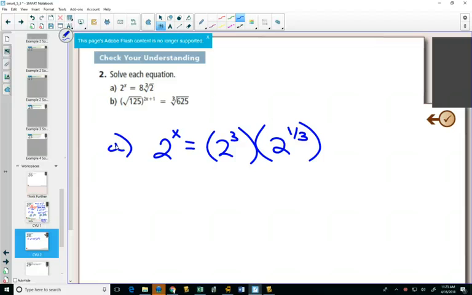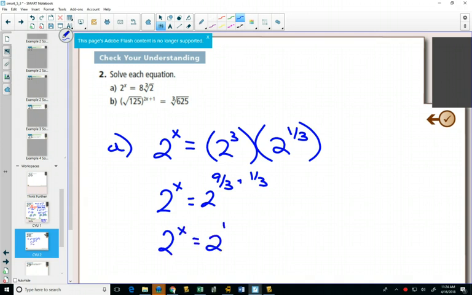And so here, even though we have fractions, that idea stays the same. We're going to add 3 plus 1/3. Well, in order to add fractions, I'm going to change that 3 to 9 over 3, so I have a common denominator. And then I can write both as a single power with a base of 2.